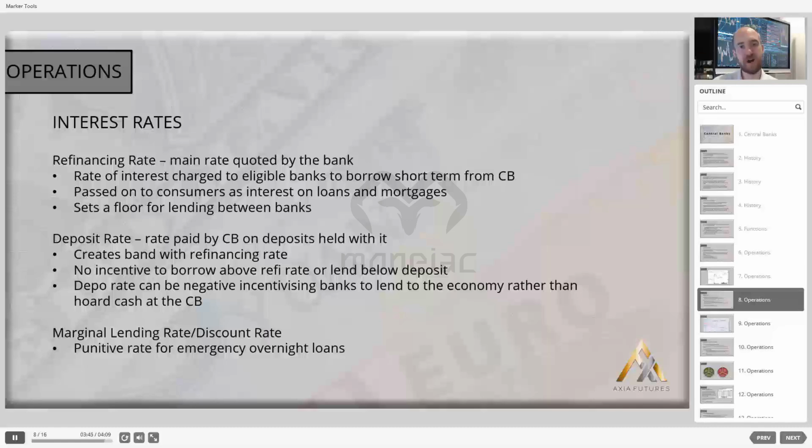So a higher rate than the refinancing rate, because theoretically they should be able to refinance with each other at those prices. If they're not able to get a loan overnight from another commercial bank at the refinancing rate, then clearly there is some issue with their credit or liquidity, and therefore the central bank will step in, but it will be at a slightly punitive rate.